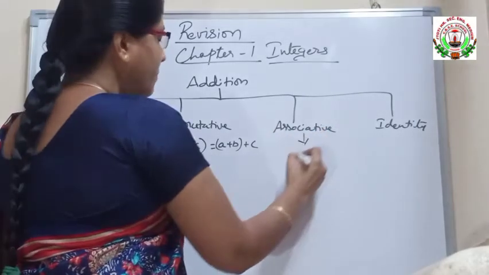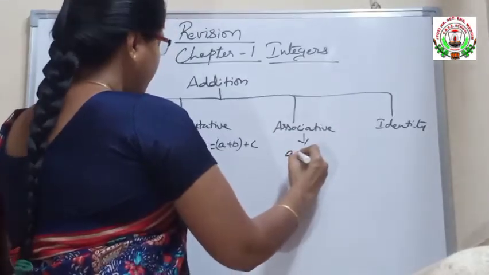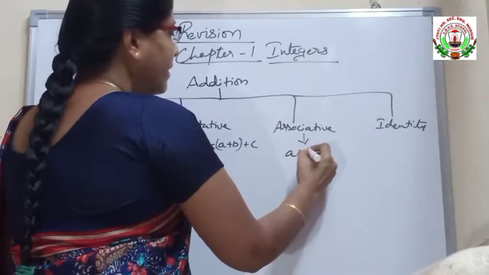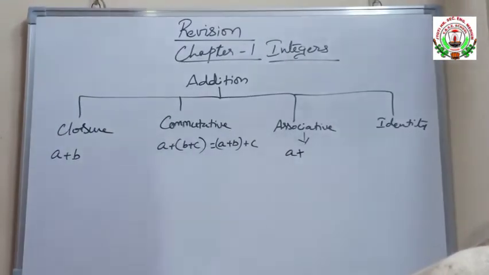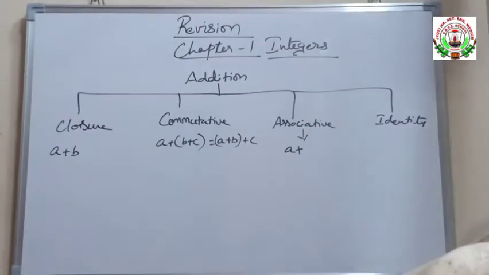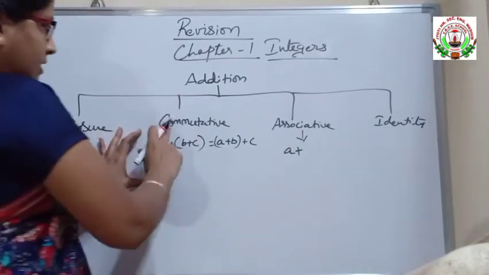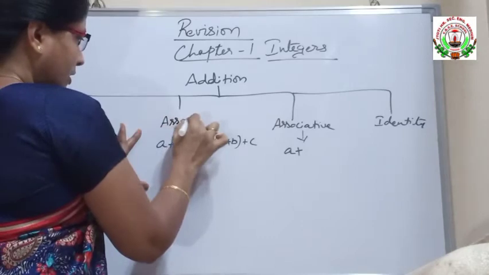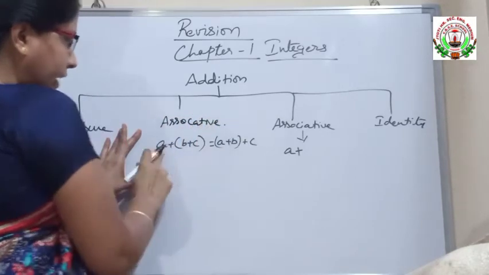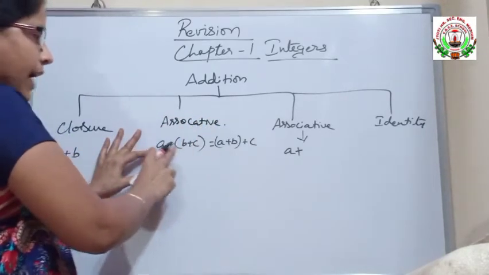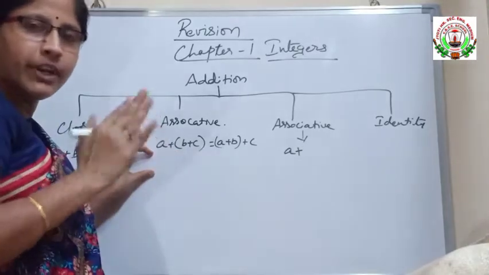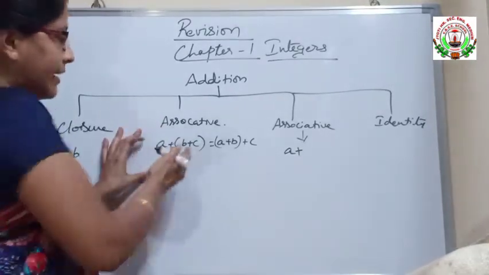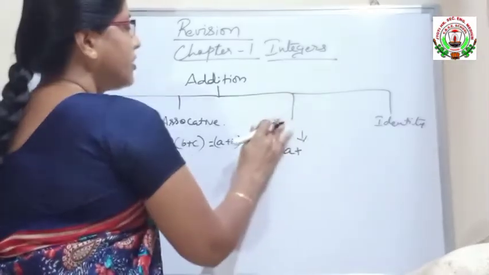Next, associative property, it is A plus, see this one, this is your associative property. Associative property, for any given 3 integers, when you change the places of the integers and add, it will be the same.